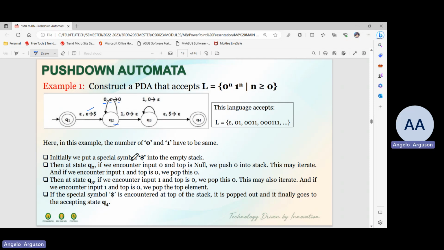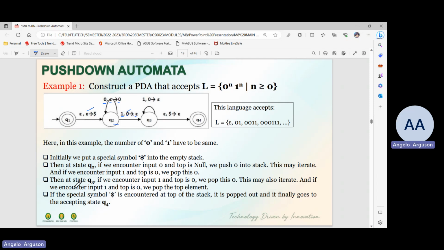And with that, this may iterate. And if we encounter 1, and the top is 0, we pop this 0. We pop this 0 simply because we are pushing nothing onto it.